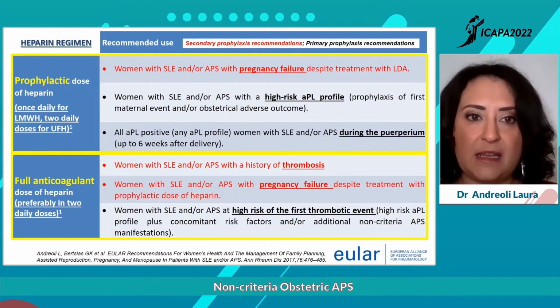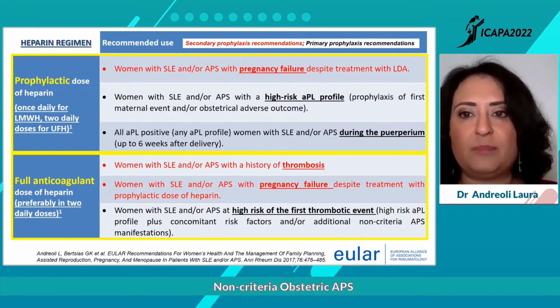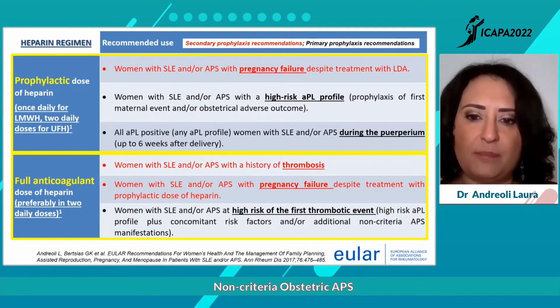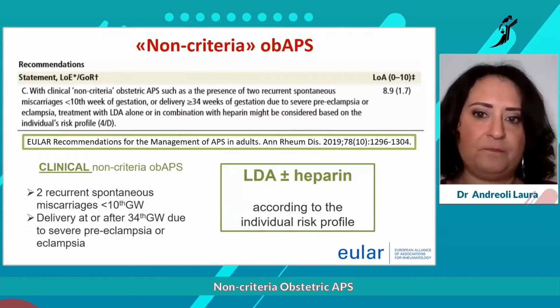And as you can see in the black statements, the experts said, if you have a patient with a high-risk profile, consider to use heparin for protection of your patient.